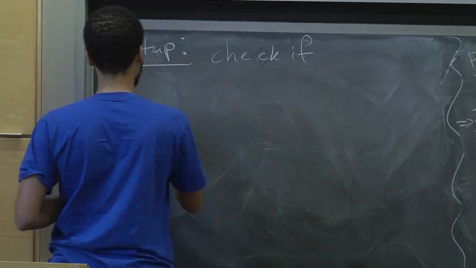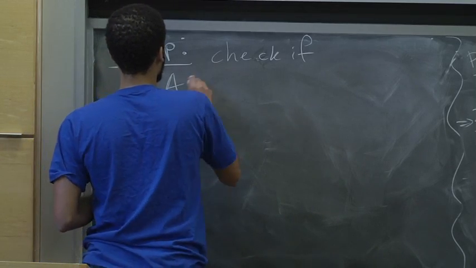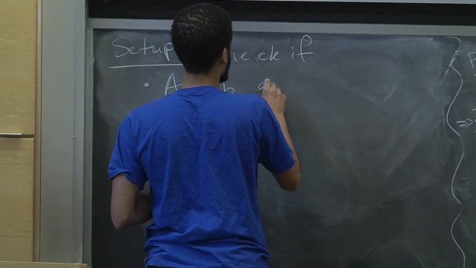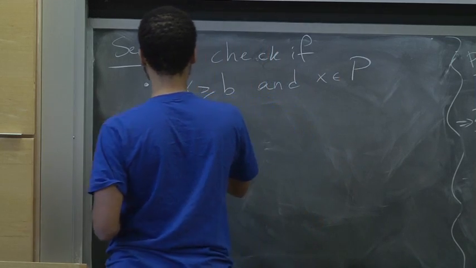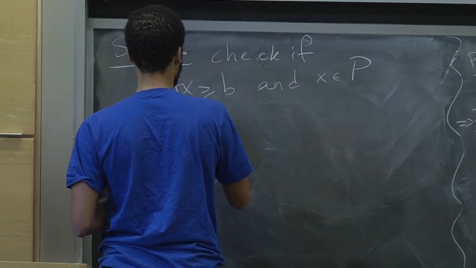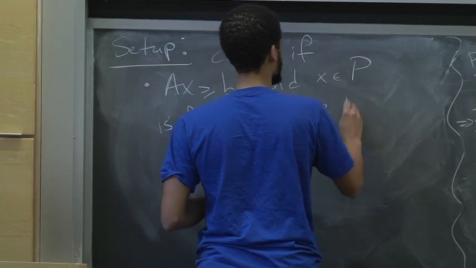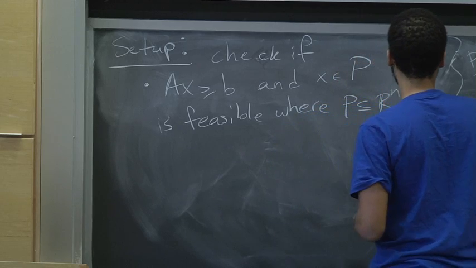Is that I want to check if AX is at least B and X is in some set P is feasible, where P is a subset of Rn, is convex.